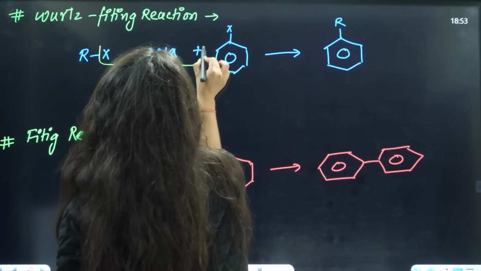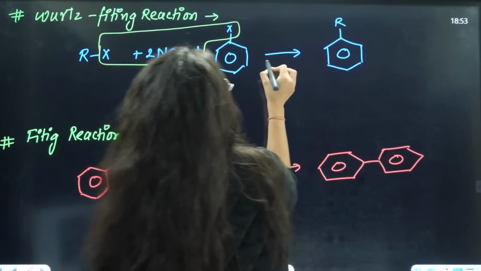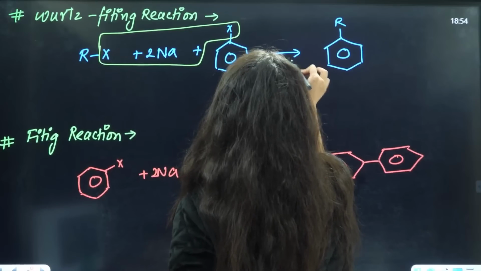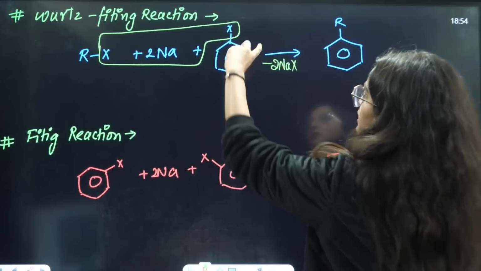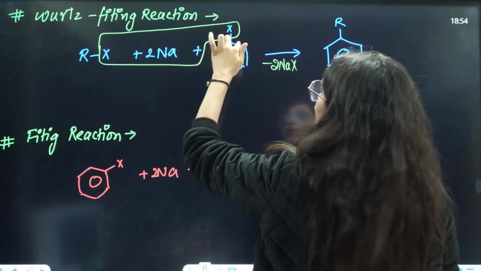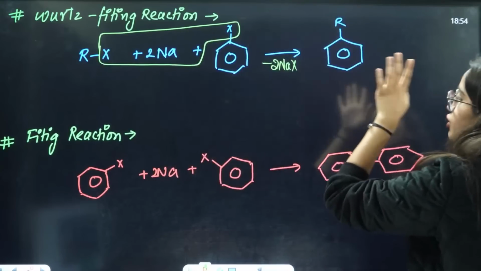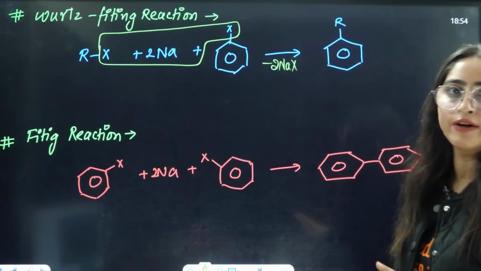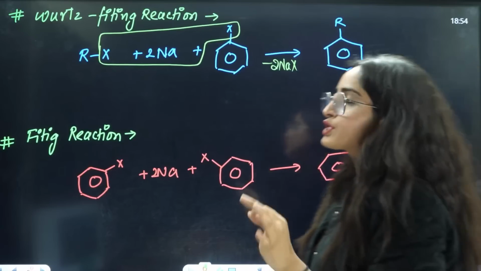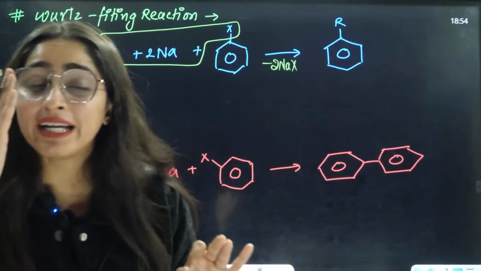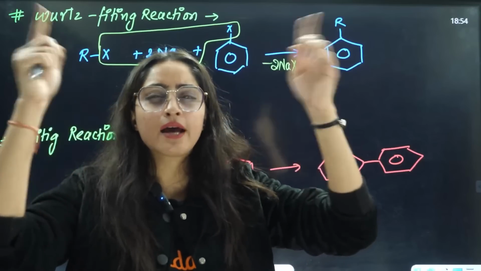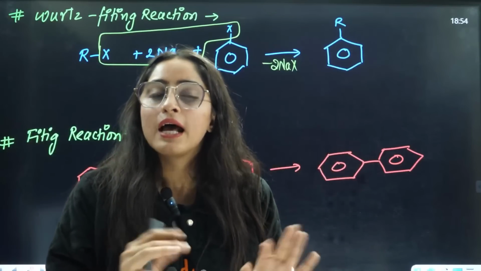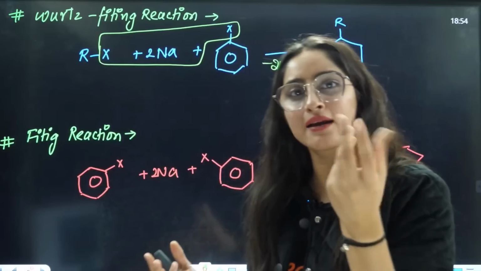This is going to eliminate, that is minus NaX. Then you will have the combination of this R over this benzene, and you will have the formation of this aromatic derivative, right? That is called Wurtz-Fittig. But when we talk about the Fittig reaction, Fittig means aryl ring. So now there is no Wurtz, that means both of them will be aryl only.